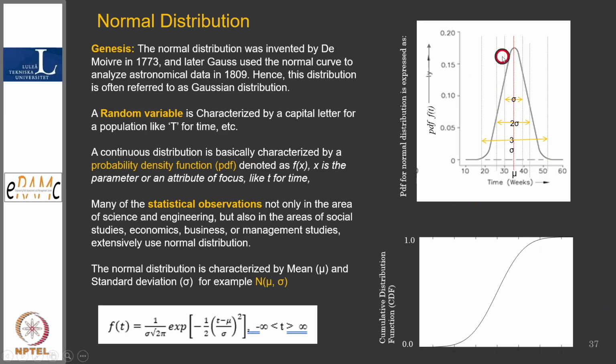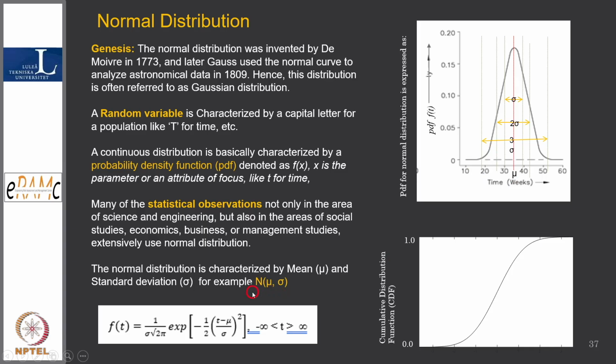The normal distribution is characterized by mean and standard deviation. Standard deviation gives the spread of the area, that is sigma, 3 sigma, 2 sigma and single sigma. So on this x-axis, okay, and then the normal value, the mean value.